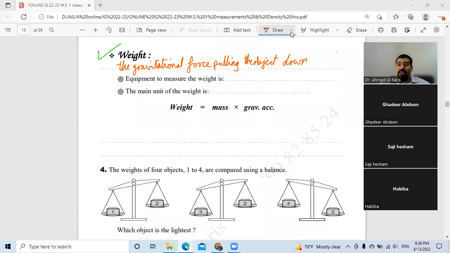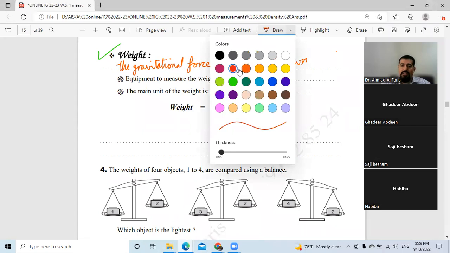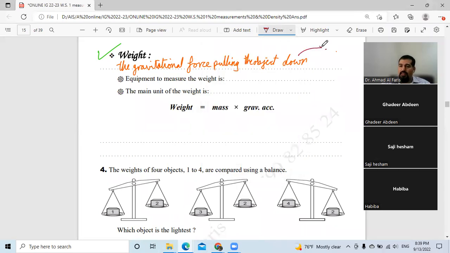Bravo, thank you. And it changes. This one is not constant. It changes due to the planet, or due to the gravitational field strength, as we are going to talk about later when we talk about space.